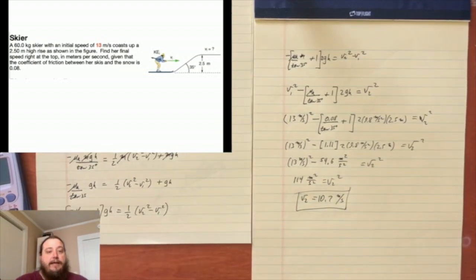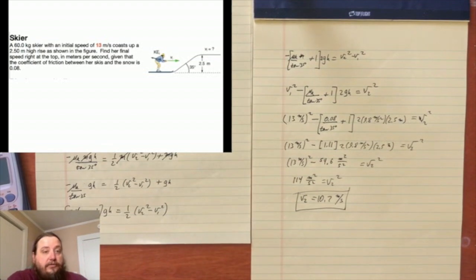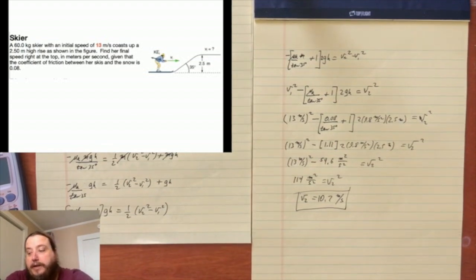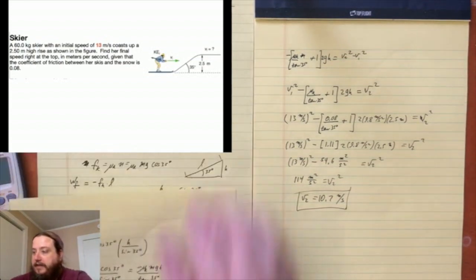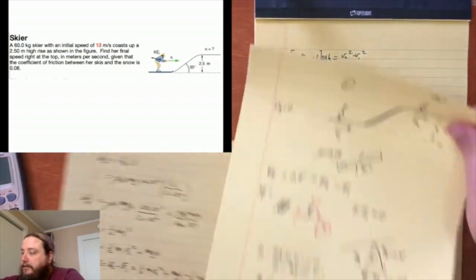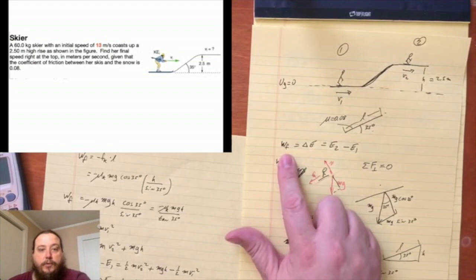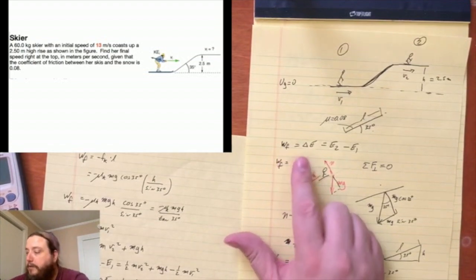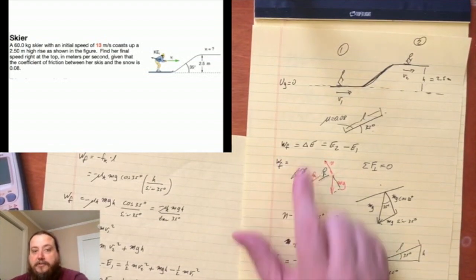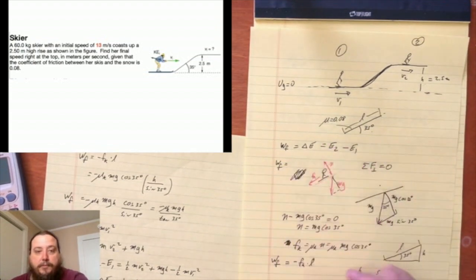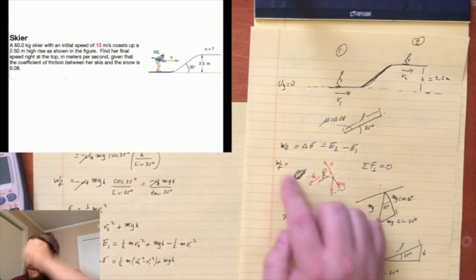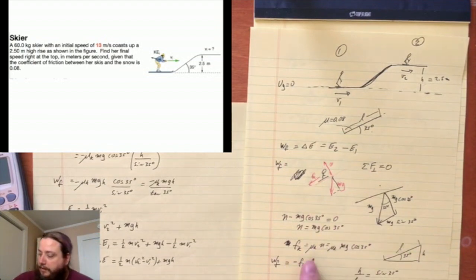All right, so again, in this case, we had some non-conservative force. We had friction involved, so we had to use the work energy theorem, that the work done by friction was the change in the energy. We calculated the work done by friction. Here's where we have to do a bit of a Newton's law kind of problem to calculate the strength of the friction force.